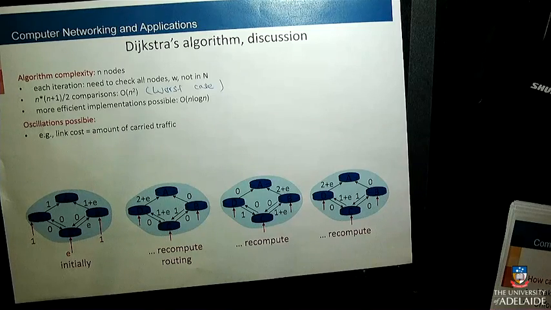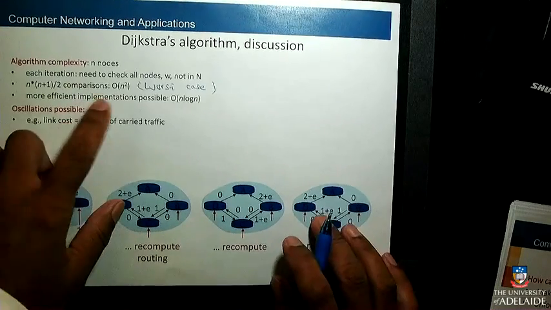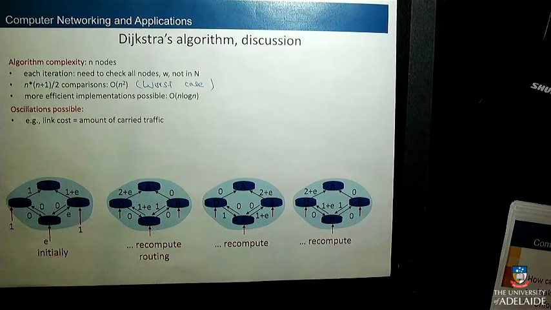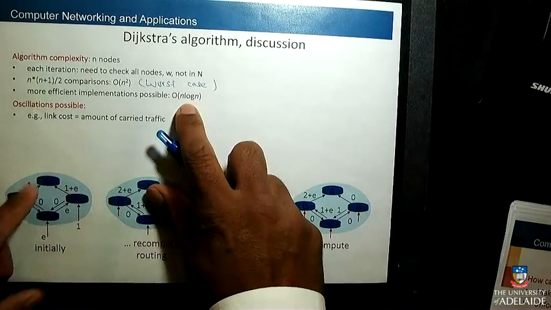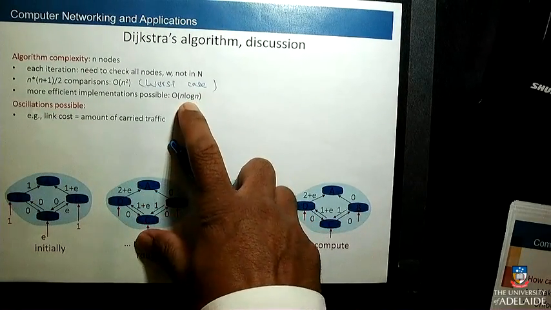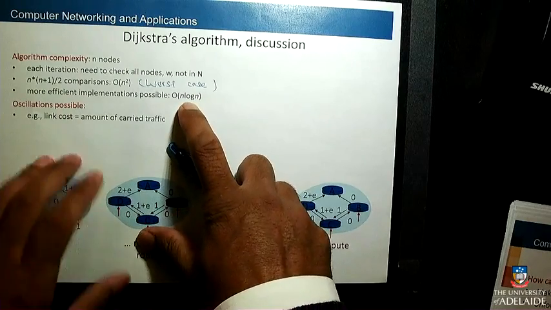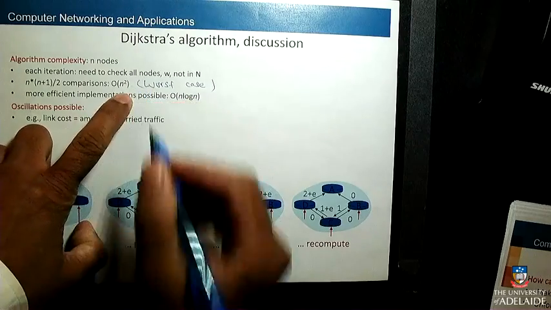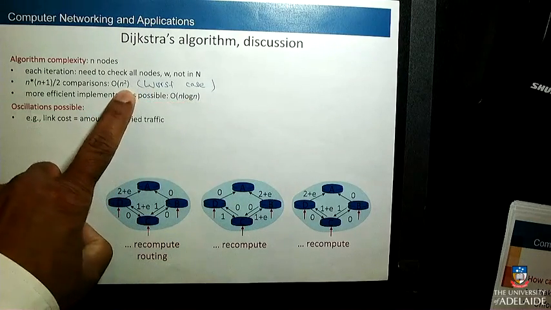So the worst case complexity for Dijkstra's is order n squared, think of it as 2 loops. But it can be better by using a different data structure and making the search faster. That's kind of bad news, and every router has to do that.